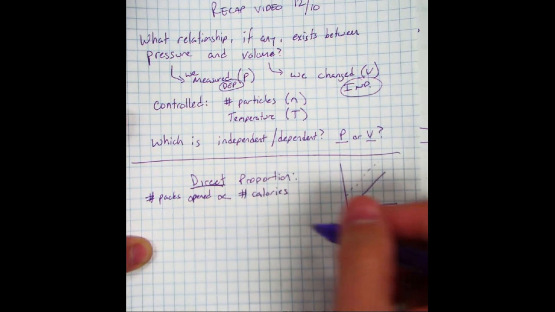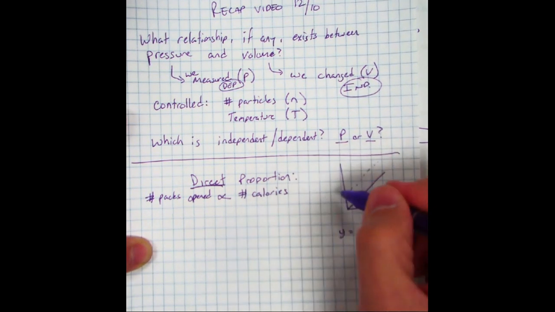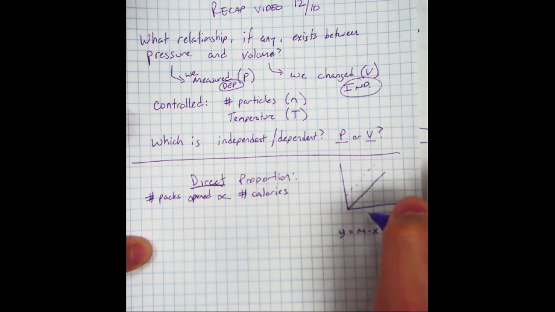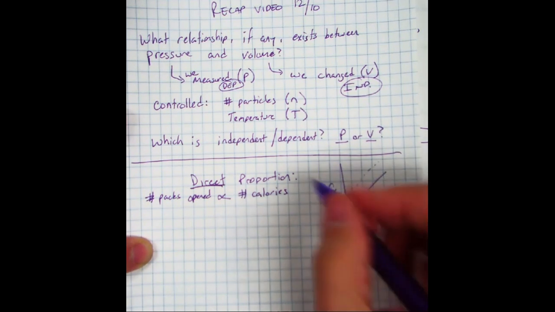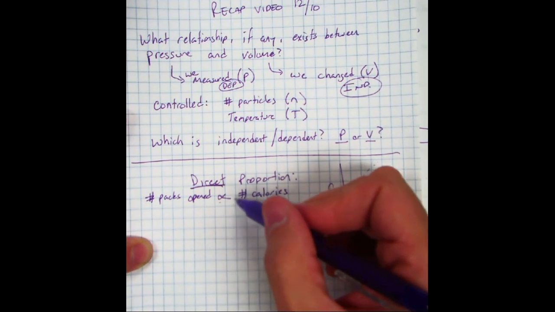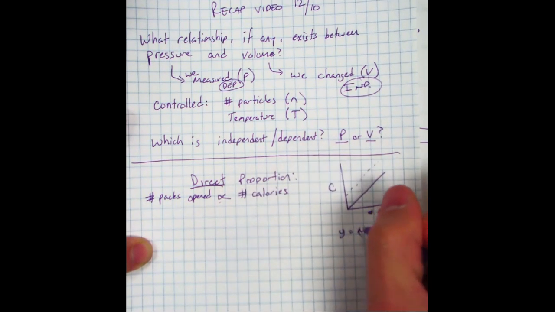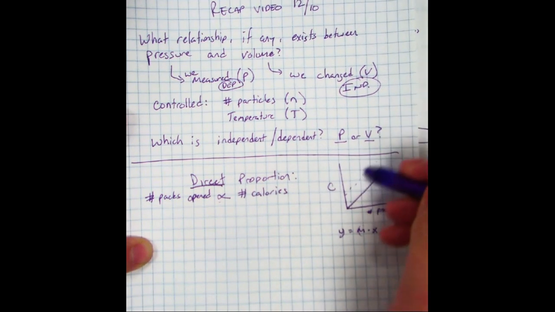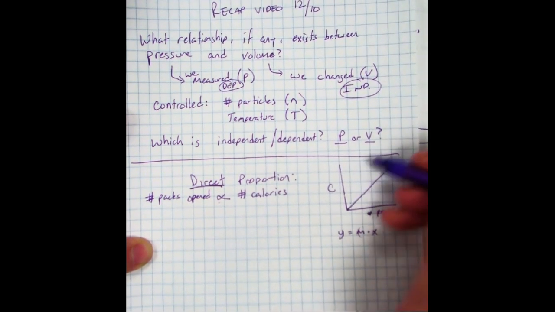And that relationship, so in that case we had calories over here, and we had number of packs here. And the rate at which it went up was that M. And so that relationship, the proportional relationship, is just how big is this, would determine how steep that line becomes.